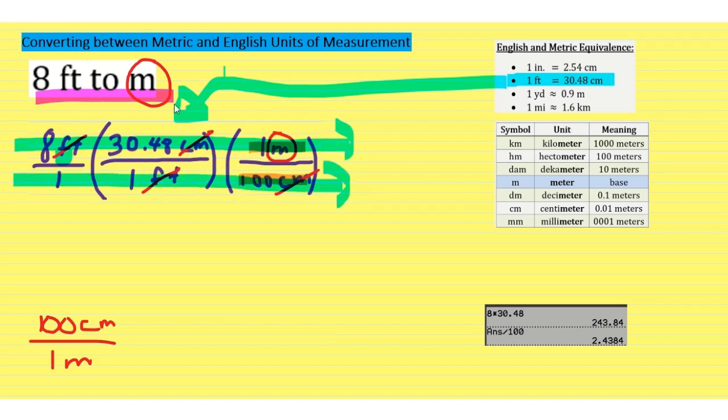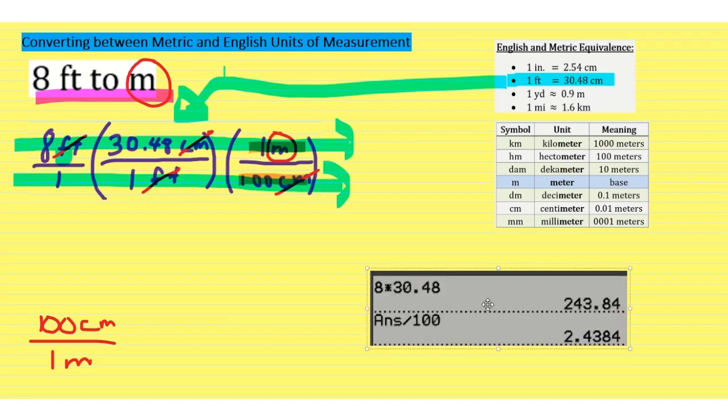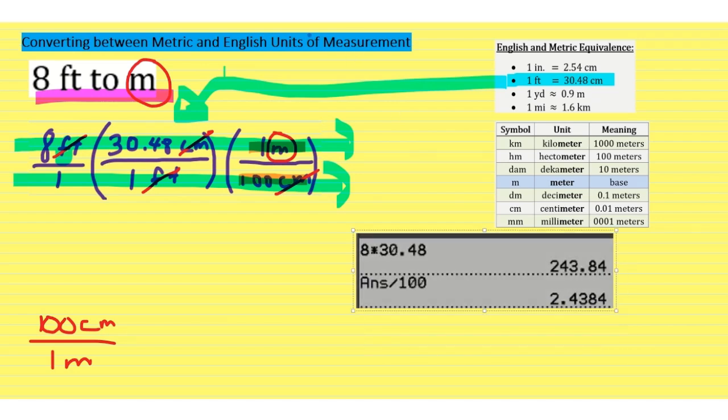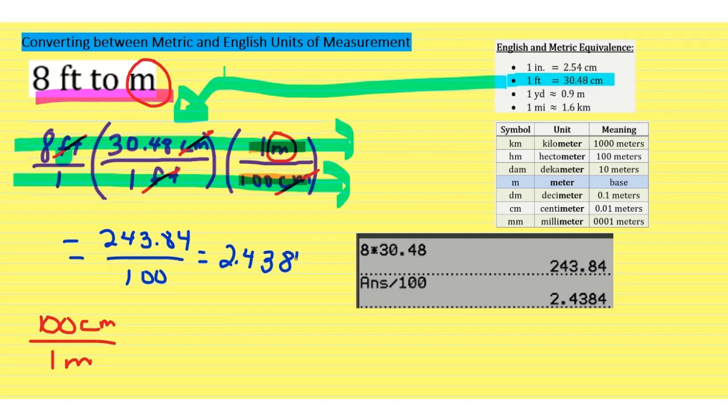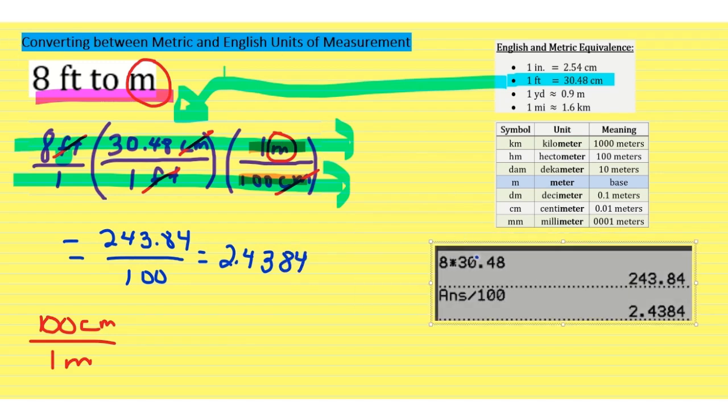And when I do that, I come up with these figures. It is going to be equal to 243.84 in the numerator divided by 1 times 1 times 100 in the denominator, which is 100. And when I divide that out, it's 2.4384. And again, my units are meters.